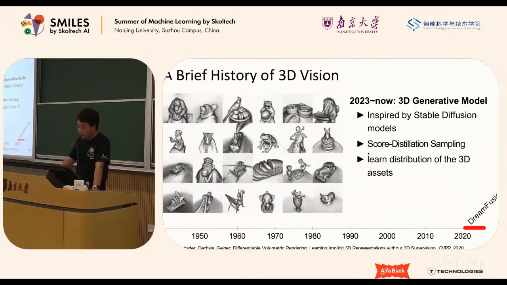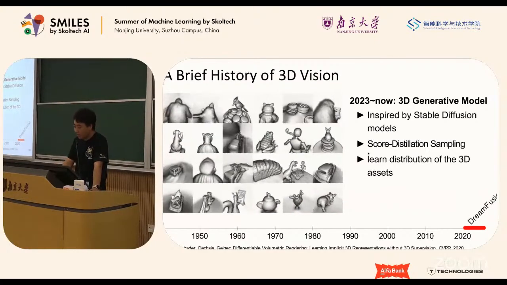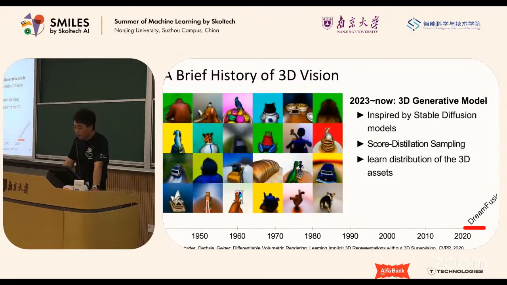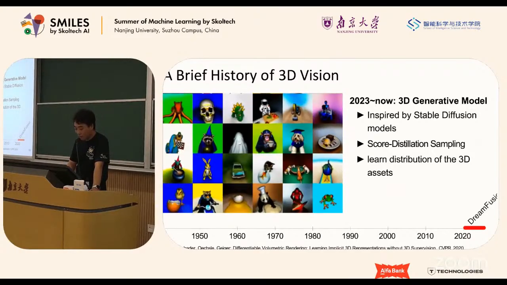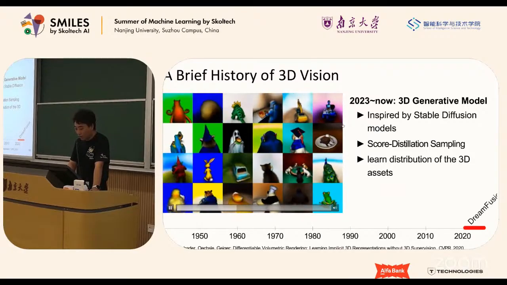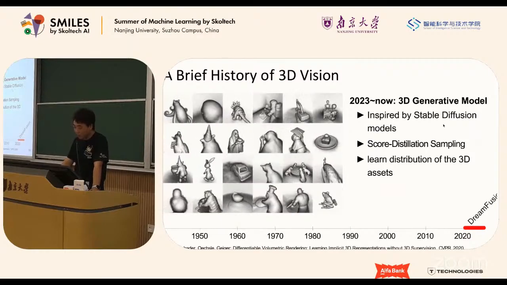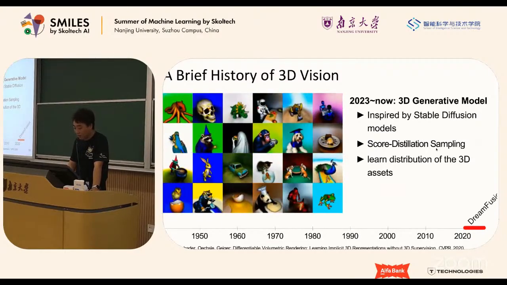More recently, 3D generation has been influenced by the larger two-dimensional diffusion models. Here is a work created with the Stable Diffusion model. It is called score distillation sampling.